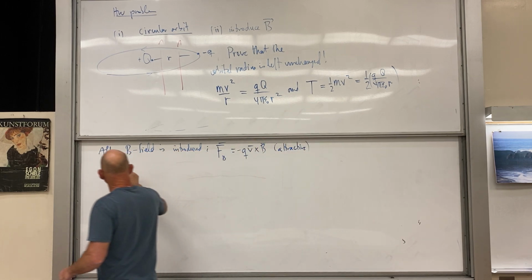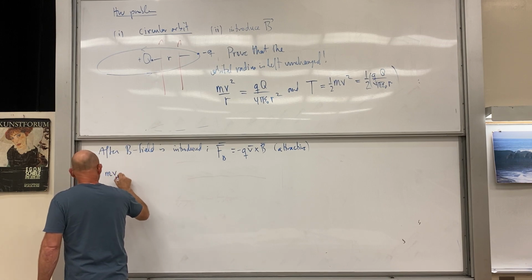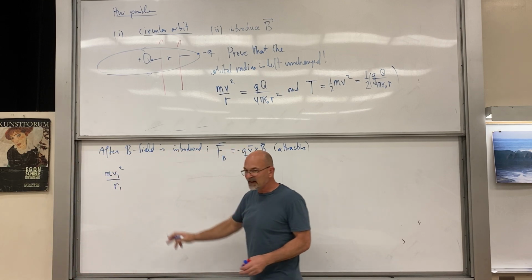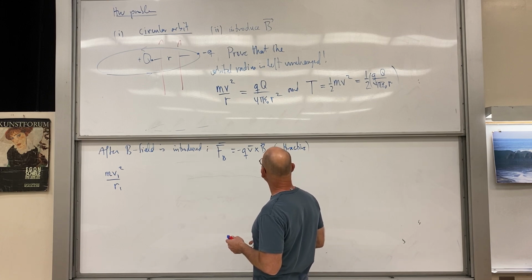Now what do we have? We have m v1 squared over r1, because the speed and the radius have, principally speaking, changed.